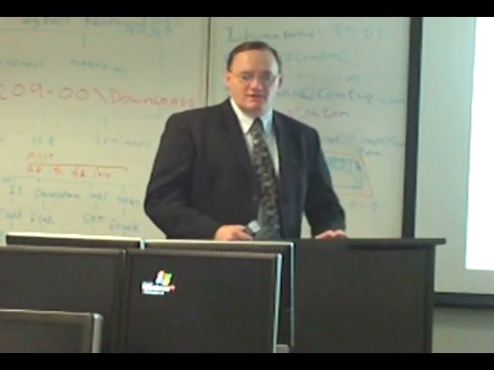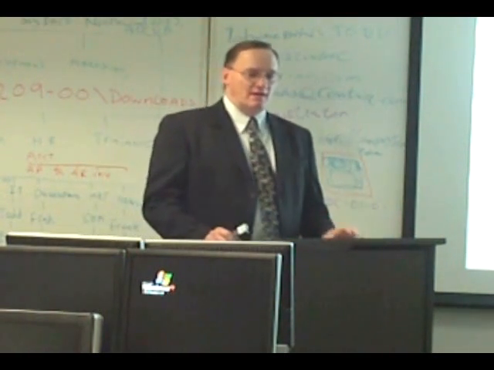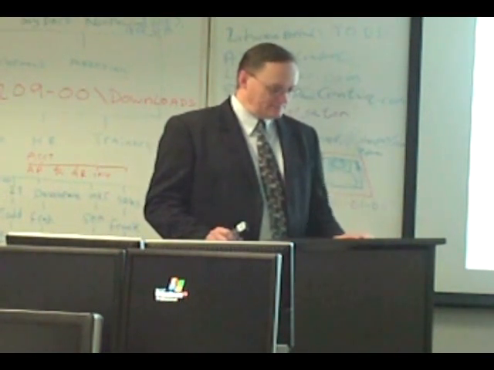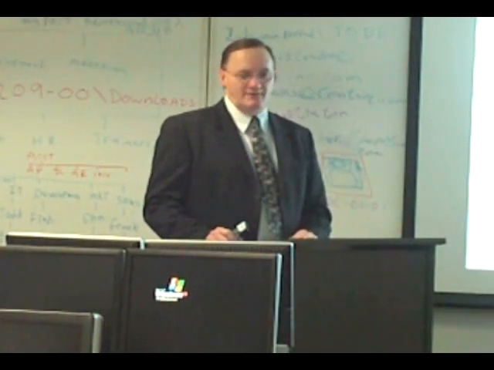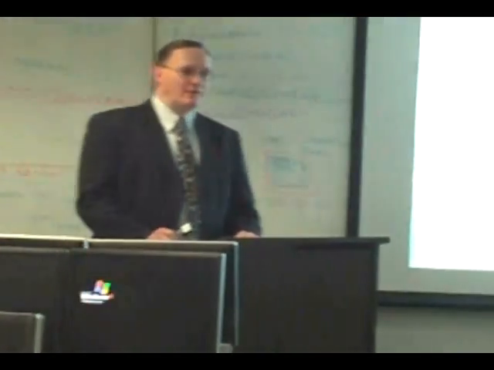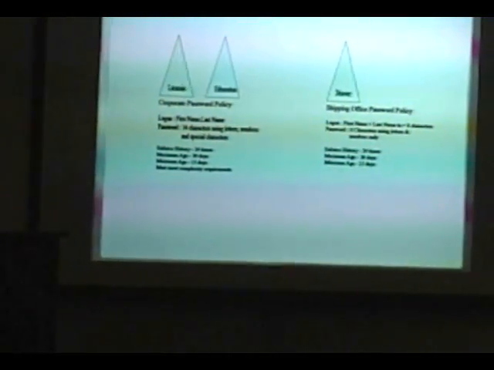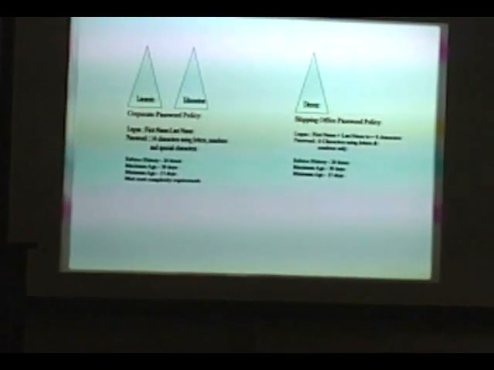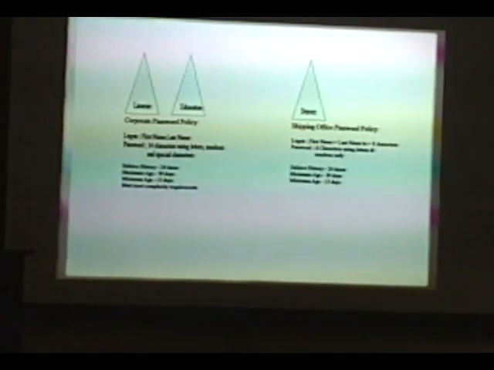All of the users in both domains, or both forests, had 14 character logins. Logins were first name and last name separated by a period, and their password had to be at least 14 characters, did meet complexity requirements, which means any 3 of letters, numbers, and special characters.